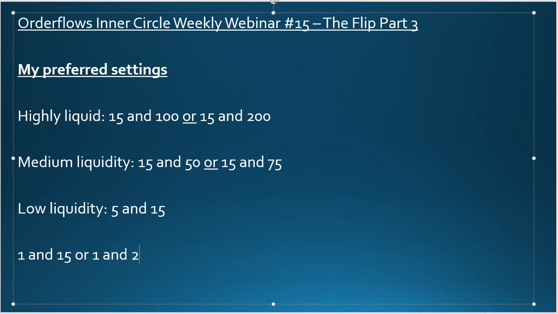That's for very tight, low liquidity markets. We have the defaults on the indicator set at 5 and 25, and there's a reason for that. 5 and 25 is a set of numbers that actually can work in a lot of different markets. I'm going to show you today some markets.